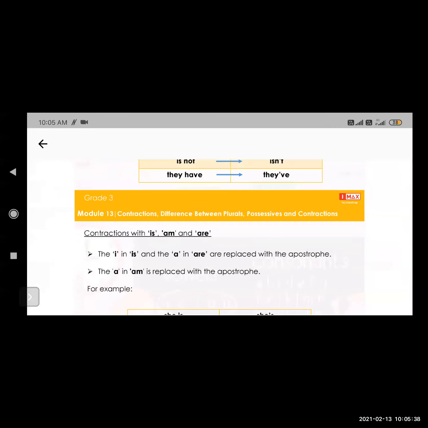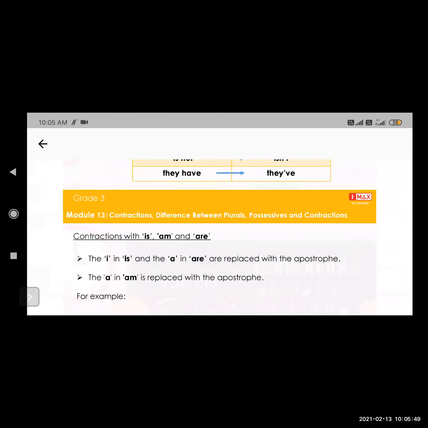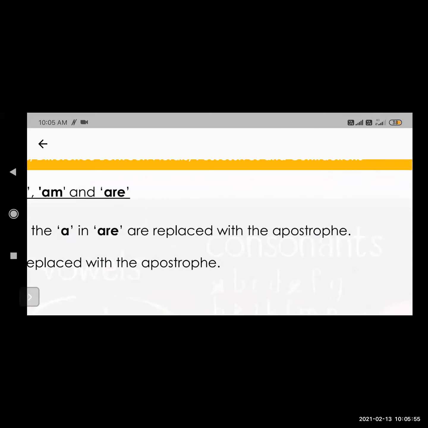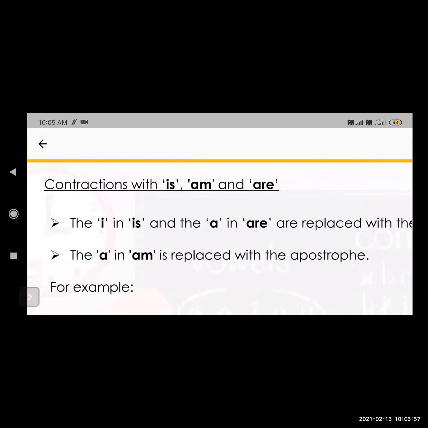Contraction with is, am, are. Now what is the contraction with is, am, are? In is, the i is replaced with the apostrophe, and in are, the a is replaced with the apostrophe. That means i is removed and a is also removed. From is we remove i, and from are we remove a.